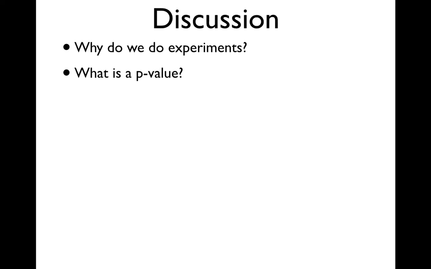Okay, so that relates to the idea that you set a criterion at the outset, and that dichotomizes the result into either deciding the hypothesis is true or deciding that it's not true.